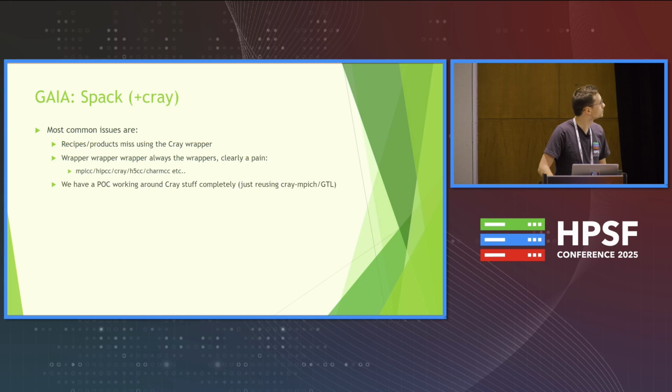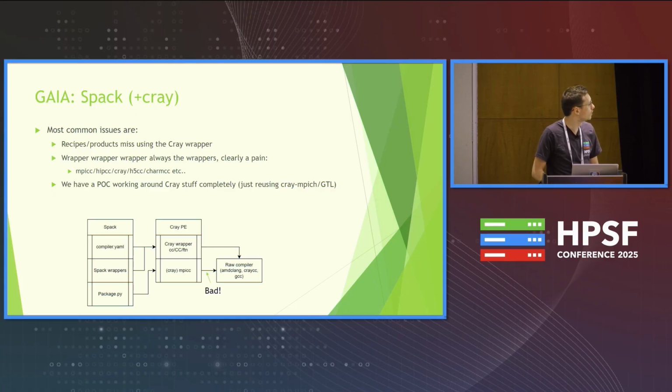Fixing the wrappers. We have a POC that allows us to work completely around Cray, except for the MPICH and the GTL that come with it and are necessary to target the GPUs. But it takes time to make that switch and use that completely.